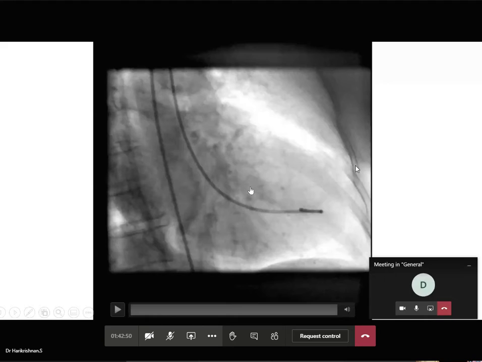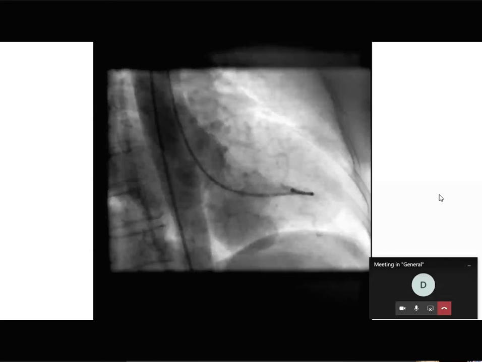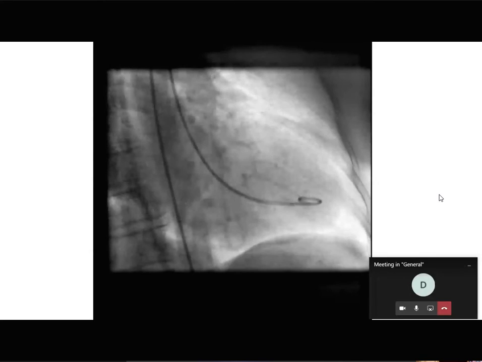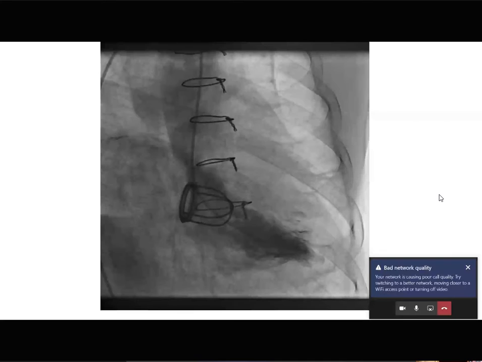Okay. In this patient. Slide not changed. Sir, the slide has not changed. Sir, the network is poor, sir.